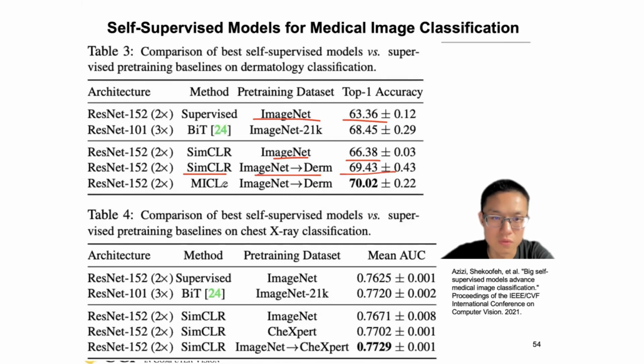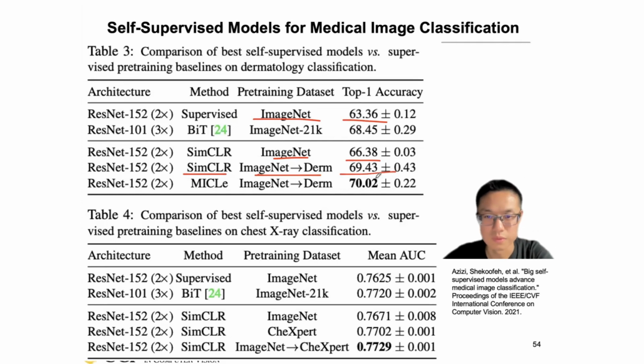And if they further use their multiple instance learning, they are able to, again, gain a little bit of improvement, because the augmented data may not be perfect in this case, but you have the actual data to form the positive pair. The performance can be further improved a little, but not significantly.